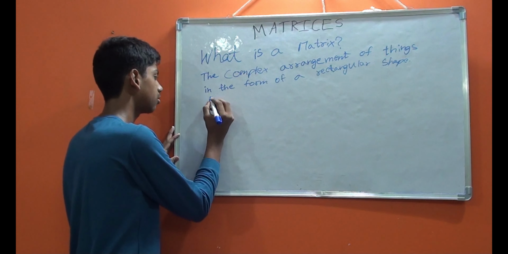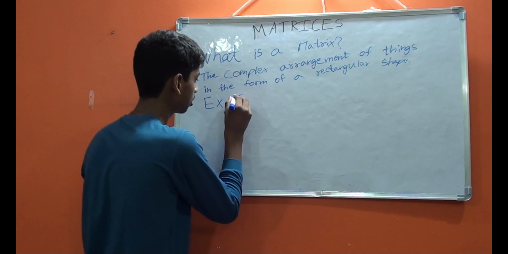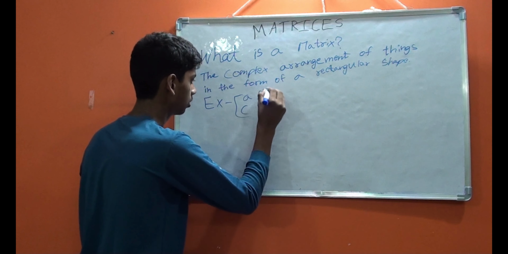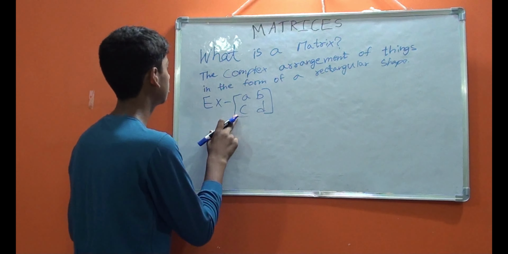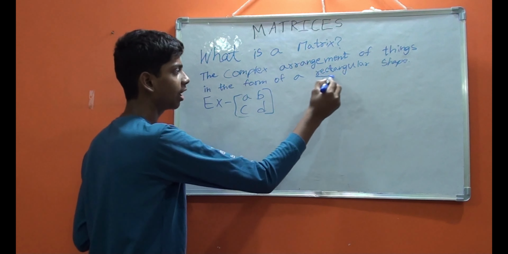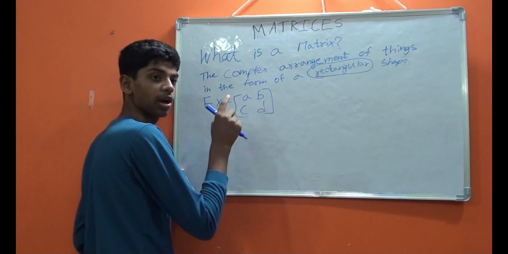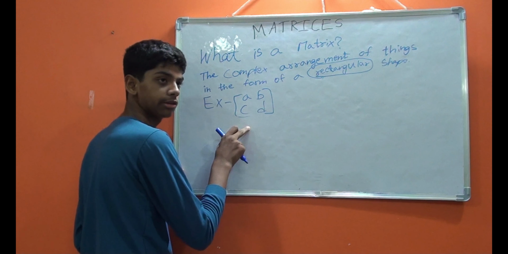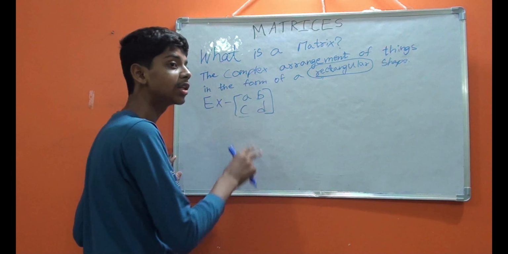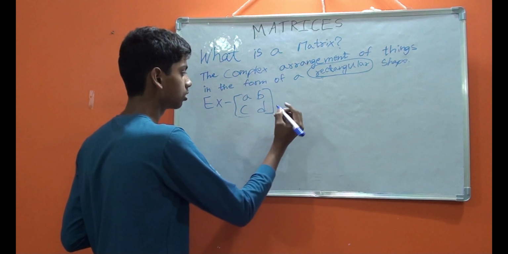For example, let's take A, B, C and D. This is a matrix. Here we have written it as a rectangle, and you might be wondering why it is in the form of a square, because you all must know that squares are also a special type of rectangle.